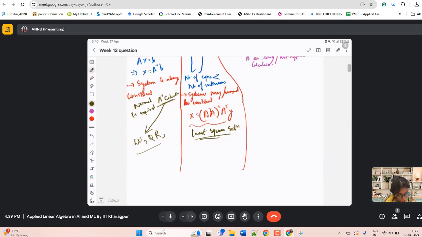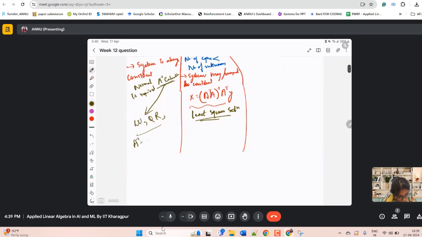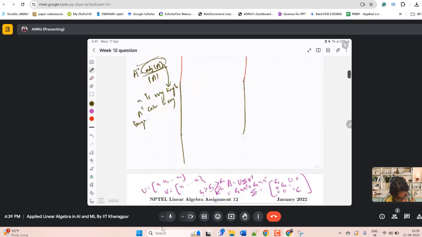The normal formula of A inverse is adjoint of A divided by determinant of A. But if you calculate the adjoint of A when n is very high, A inverse calculation is very tough. So for that only LU and QR are needed.